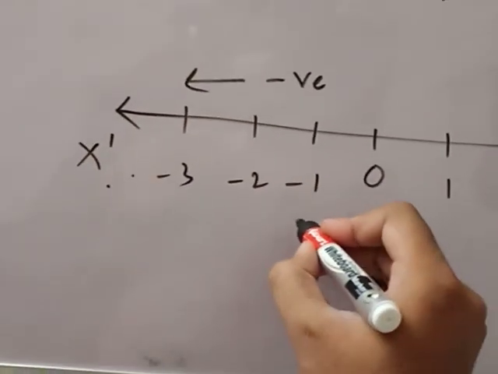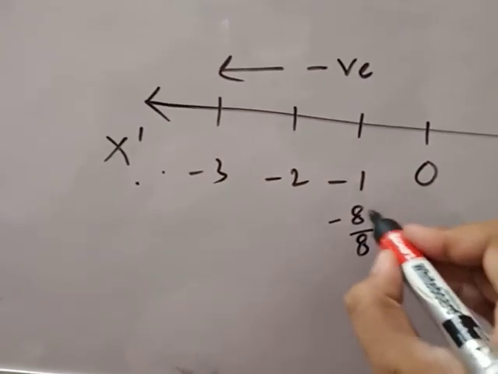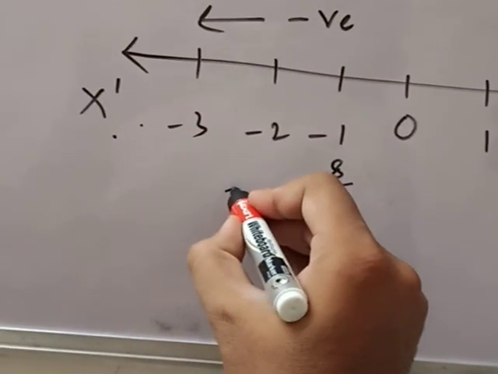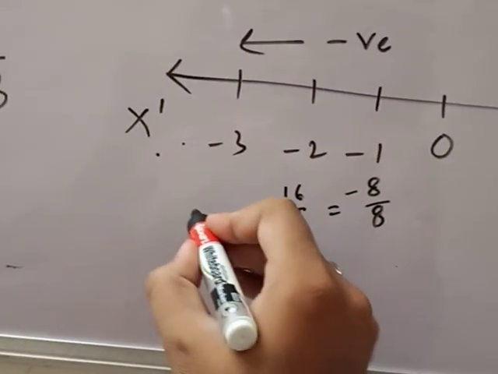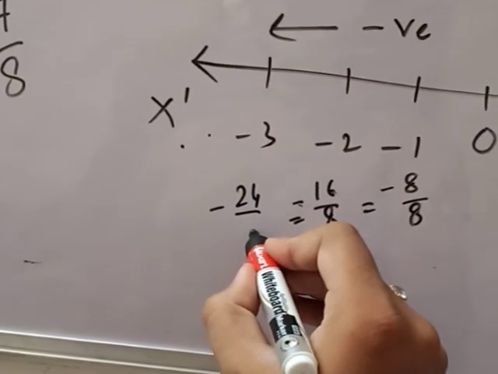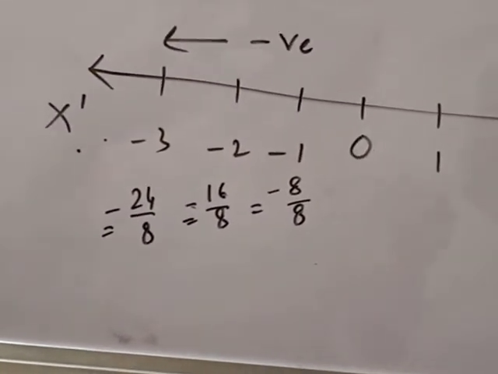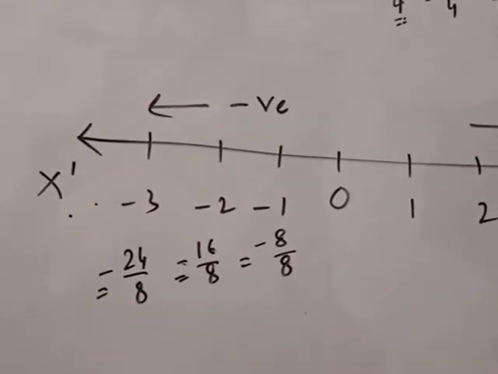Now we can express minus 8 by 8, that is minus 1, minus 16 by 8, that is minus 2, minus 24 by 8, that is minus 3.